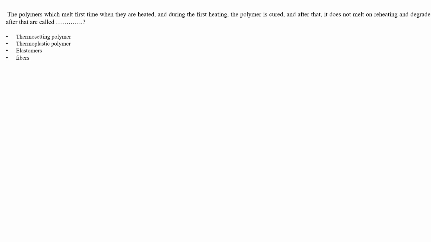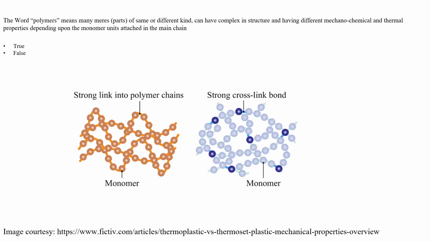Then the next category of material is the thermosetting polymers. You can imagine in this example that different polymer chains are present. In thermosetting polymers, there is a reaction called curing. In that reaction, strong cross-linking bonds, such as these dark blue circles you can see, form the cross-links or the curing. Once this curing happens, the flexibility or the movement of these individual polymer chains is inhibited.